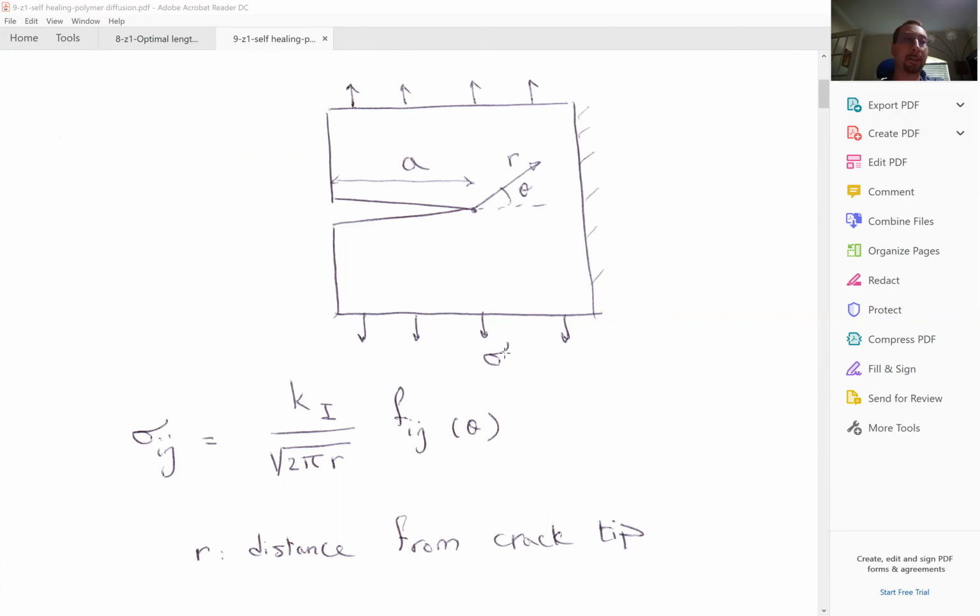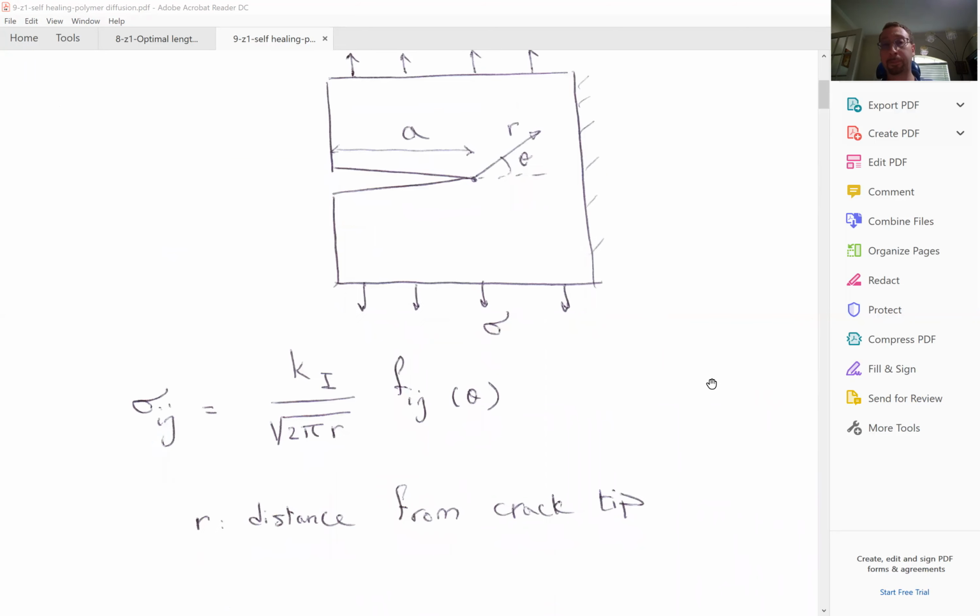And you know that we always want to be able to express engineering equalities or constants in terms of material properties so that it works for all different types of geometries.